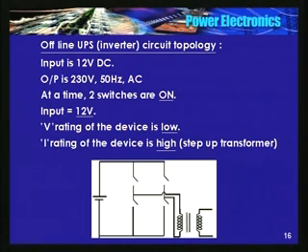See, all this time we had assumed that devices are ideal. But voltage drop across the conducting device could be of the order of say 2 to 2.5 volts depending upon the power level.